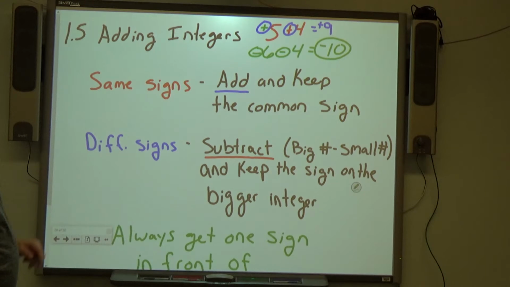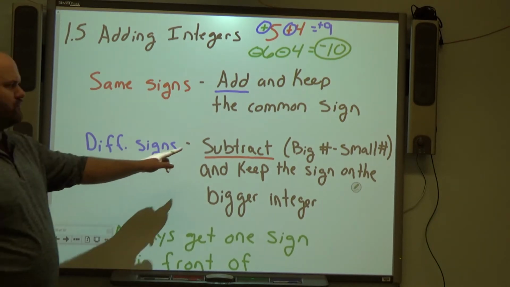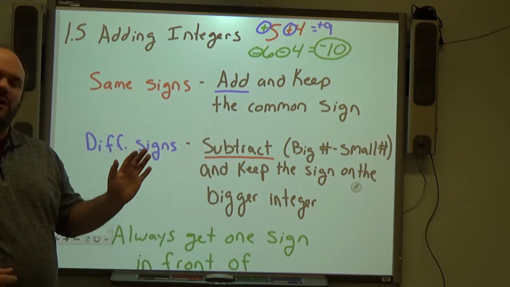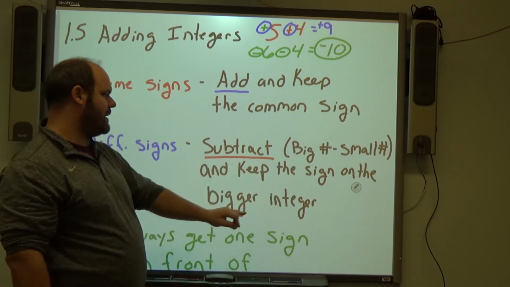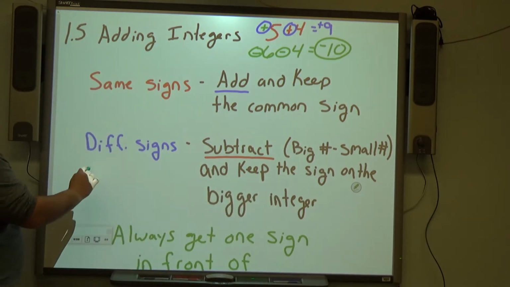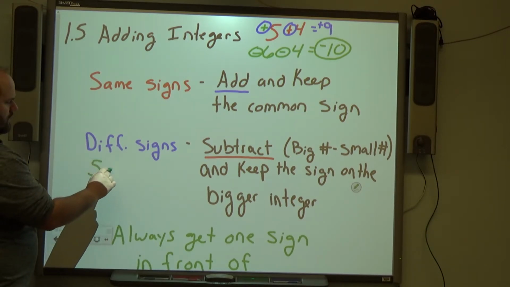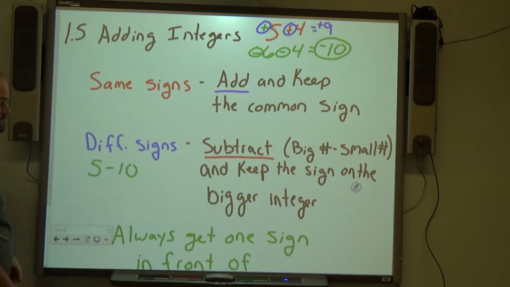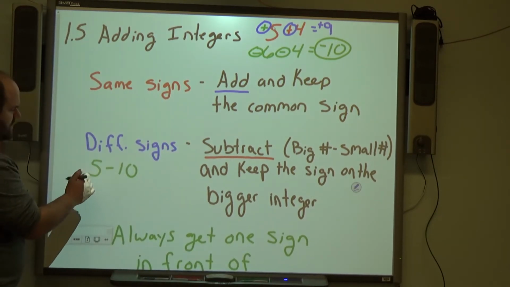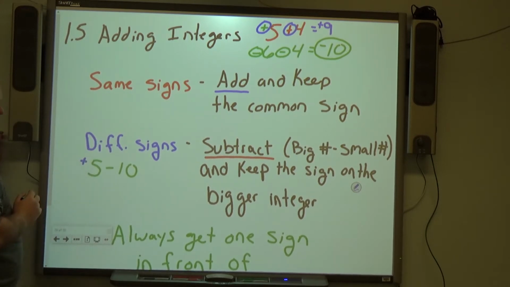Okay? Different signs. We subtract, and when you subtract, we always take the big number minus the small number, and then we keep the sign on the bigger integer. So, for instance, let's say we have 5 minus 10. First of all, this 5 in front here, we know that is positive.